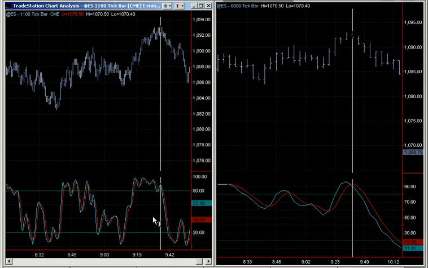This is very easy to set up, but before we talk about how to set it up, let's take note of a couple of things. When you're setting up the zone of the stochastic, your overbought, oversold zone, don't leave it just at the standard generic 20/80 approach.